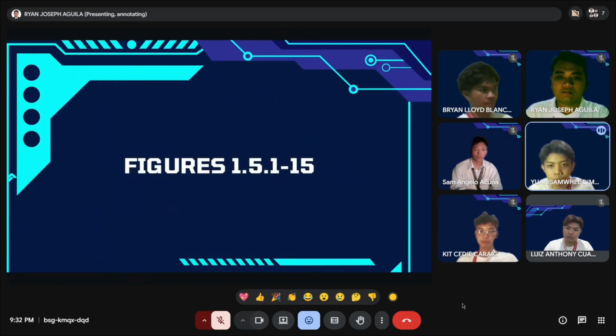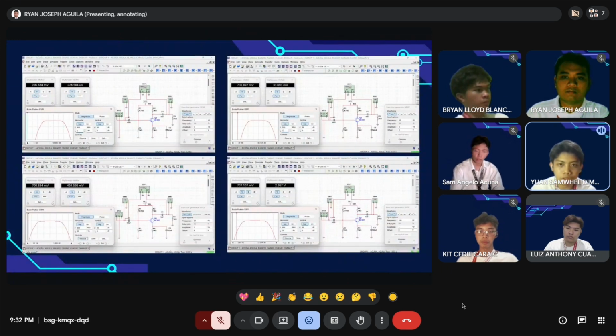So for figures 1.5.1 to 1.5.15, we will see here where we change different values for the frequencies and then check their output voltages. So next slide. Here we don't need to focus too much, since the only thing you need to look at is the output voltages, where you can see that it increases.